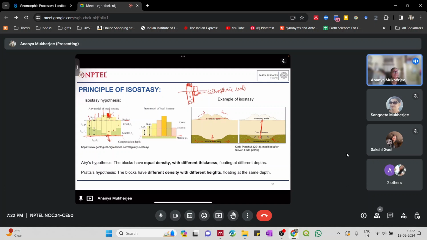This is where understanding the isostatic balance is important. If the depth to mantle gets shallower, that means more heat is also coming closer to the earth's surface. This is also one of the examples of how isostatic balance changes with time.